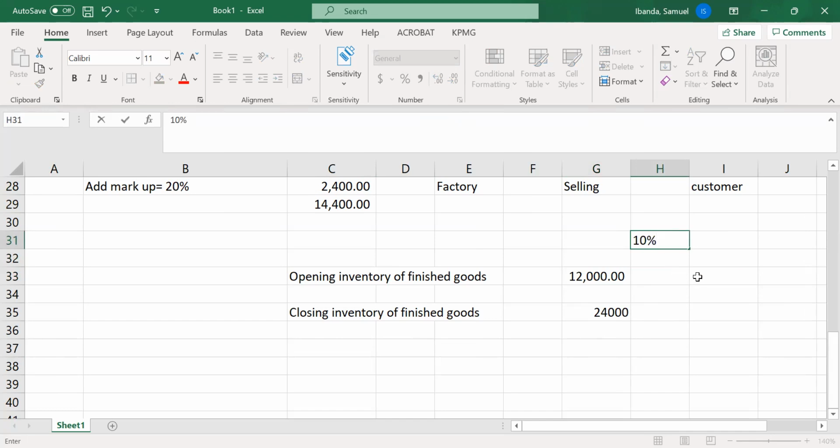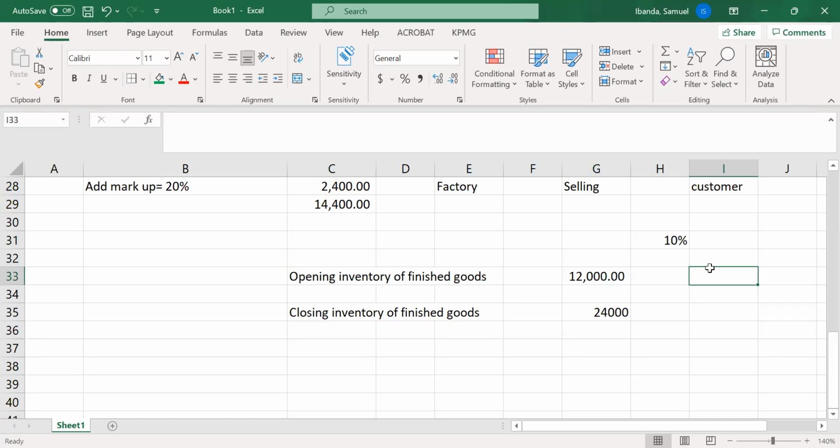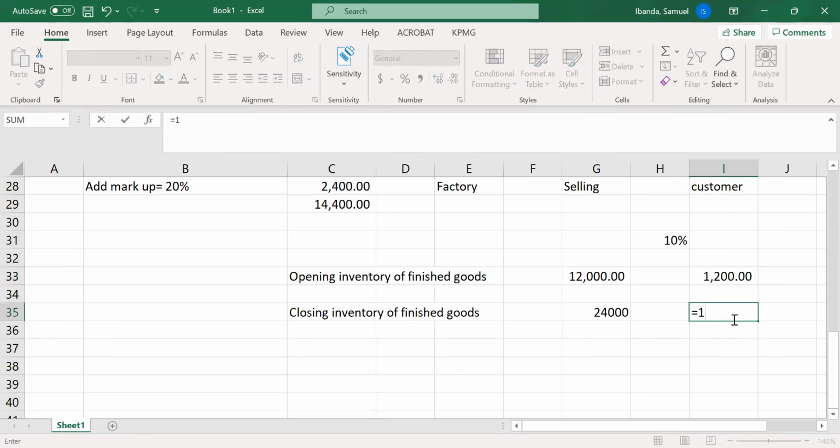So if you are working at a markup of 10%, and this is the cost of finished goods, then our markup on these goods would be 10% times the 12,000. So 10% of this is that.